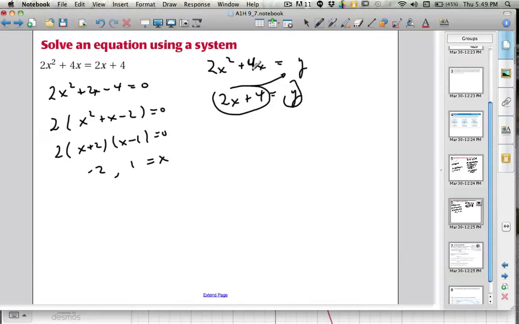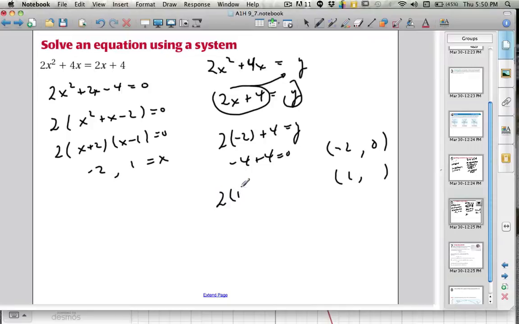Okay, if I went ahead and plugged back in to find the y value, so again, negative 2 and 1. If I plug back in to find the y value, I'll have 2 times negative 2 plus 4 equals y. So negative 4 plus 4 is equal to 0.